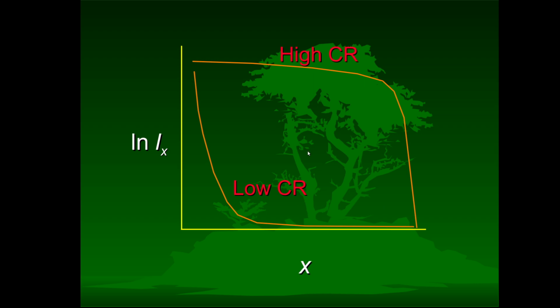Okay, so this is a type 3 here, which represents a low cost of reproduction. It's just that survivorship drops down to very low values at a young age, which implies that there's not much chance of surviving to reproduce later. So your cost of reproduction now is quite small.